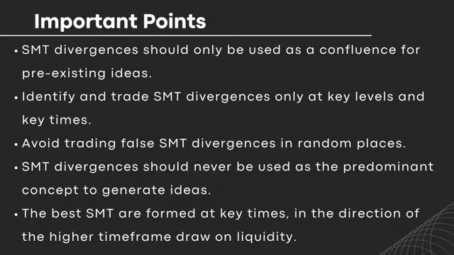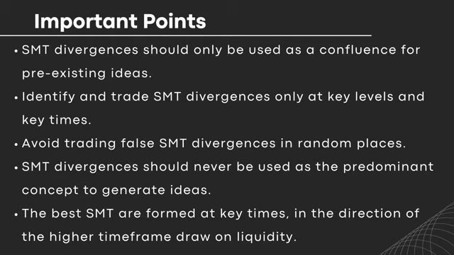Moving on, in this last slide right here, we're going to discuss some important points regarding SMT that you must remember, right? You should write them down. The first point is that SMT divergences must only be used as a confluence rather than a predominant concept or factor for generating trade ideas, right? Next one is to identify and trade SMT at key times and at key levels.